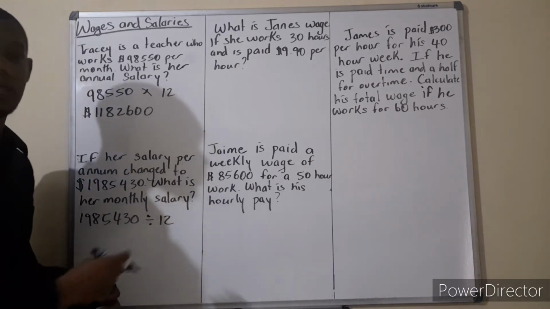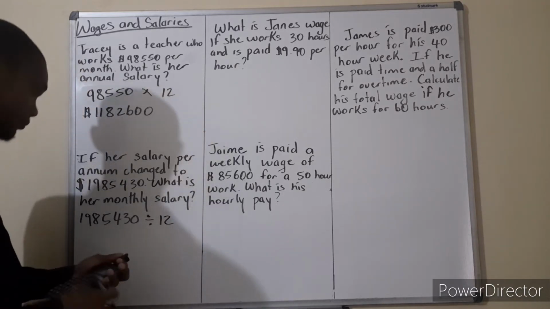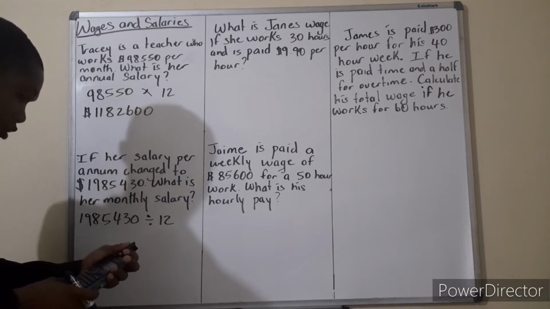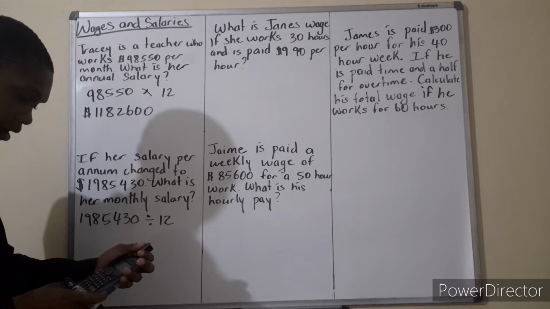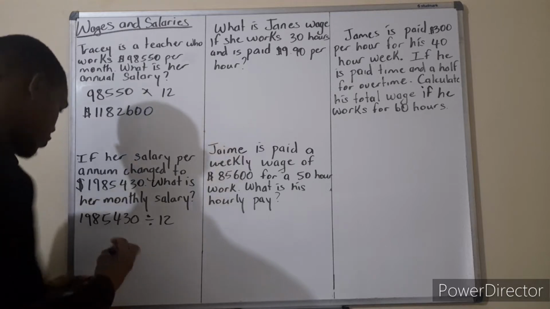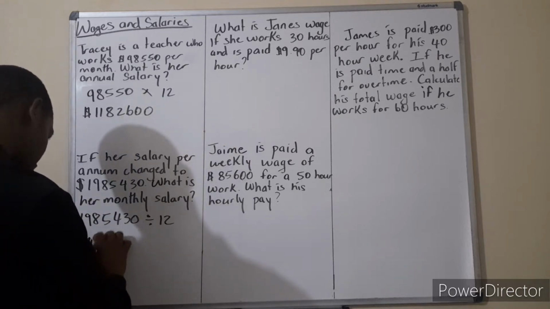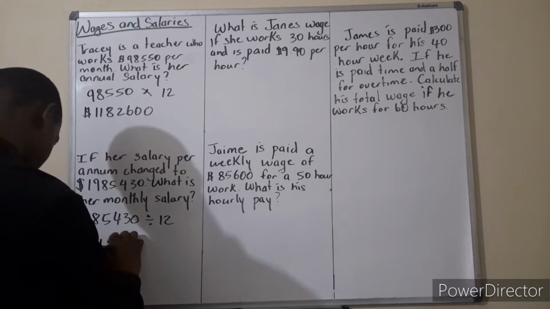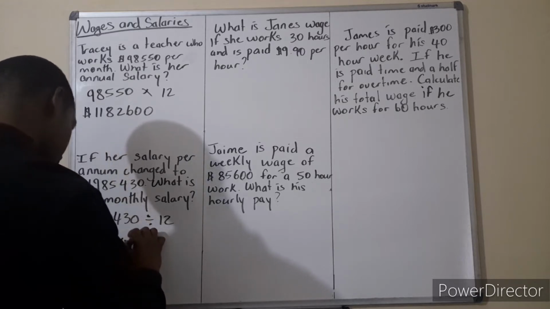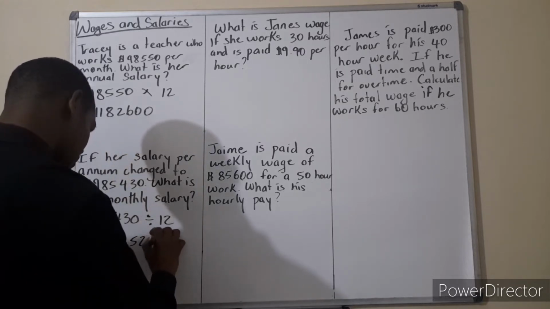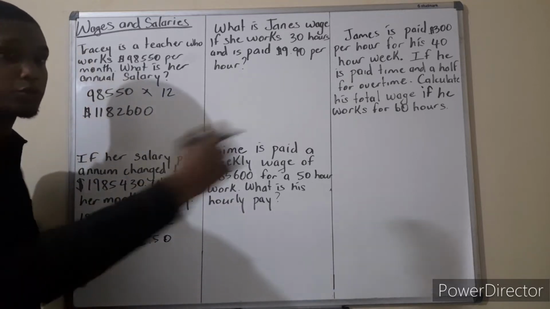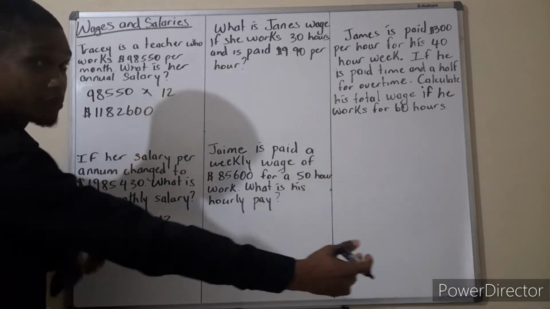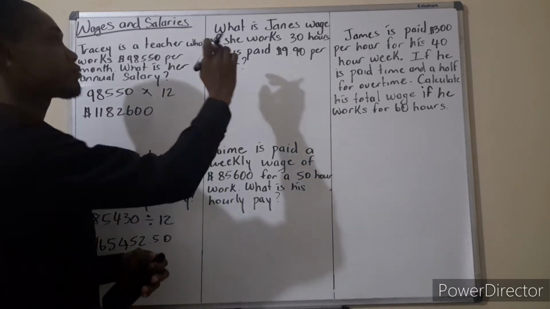And it's 12 months because 12 months make 1 year. So that would be $1,985,430 divided by 12, and that would give you her monthly salary, which is $165,452.50. So moving from month to year, you multiply. Moving from year to month, you divide.